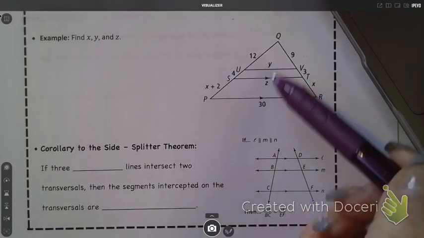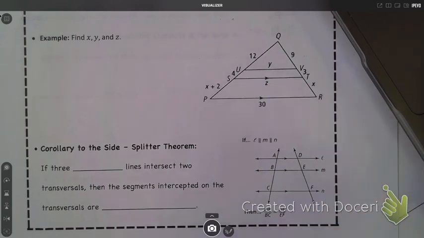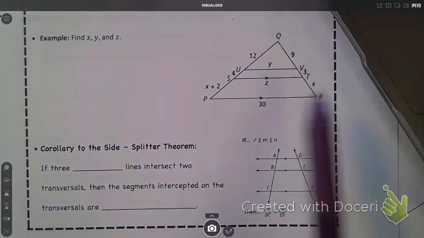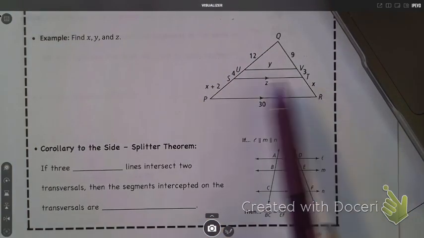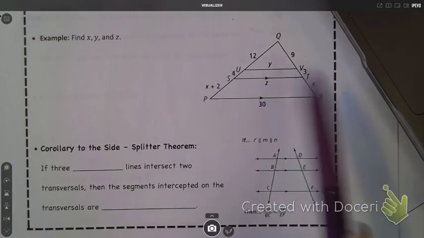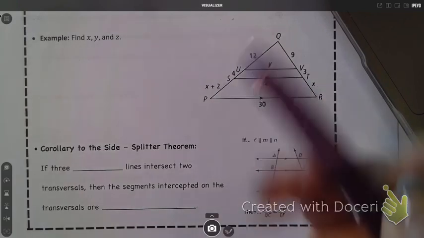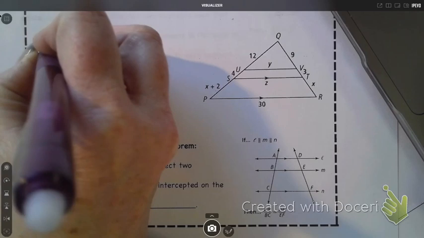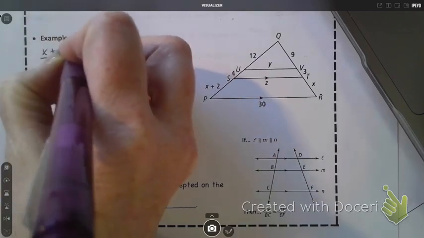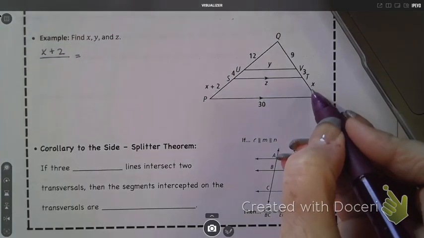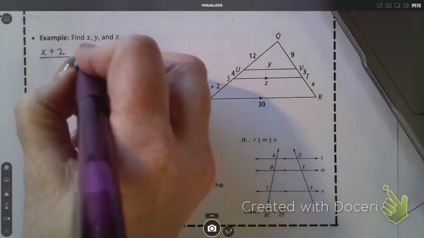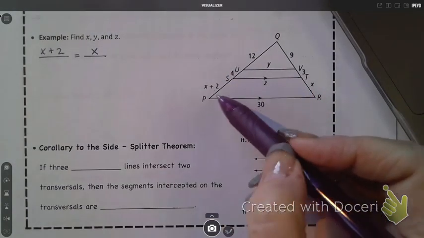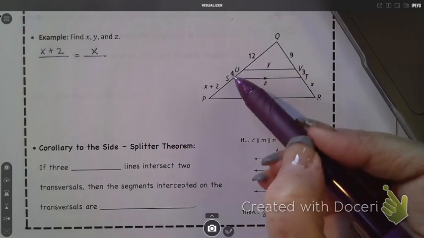The first theorem says if this line is parallel, then these two ratios are proportional. So I have X plus 2, and I have X on the other side. I'm going to put it across. And then I probably need to use this whole side.